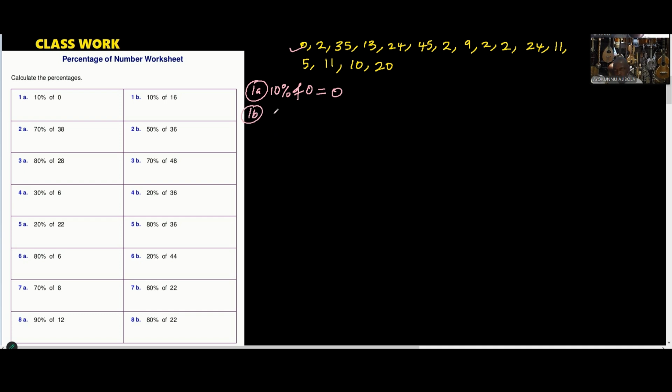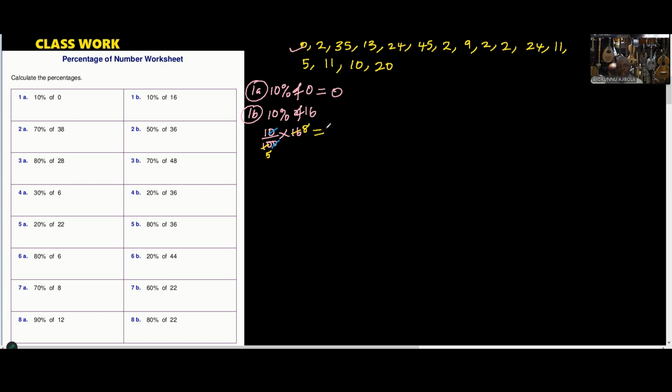Then to 1b, it said what is 10% of 16? 10% of 16 simply means 10 over 100 times 16. And we can see this where 0 cancels 0 here. Then 2 here is 5, while 2 here is 8.